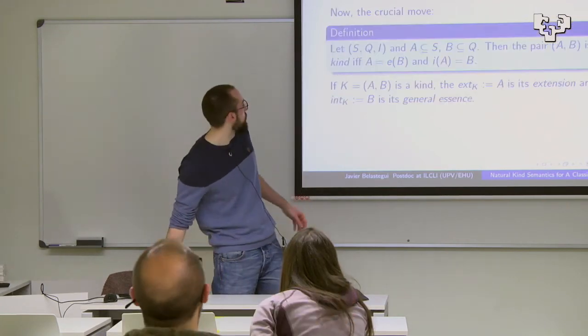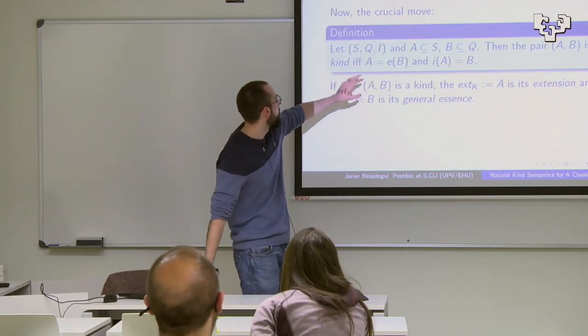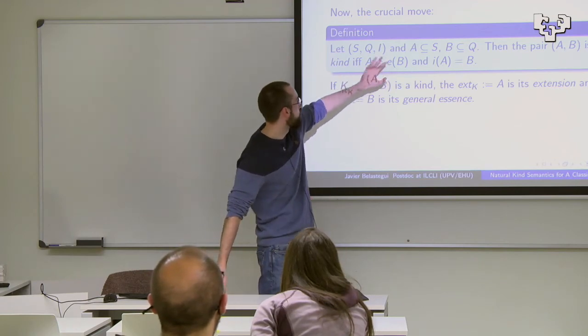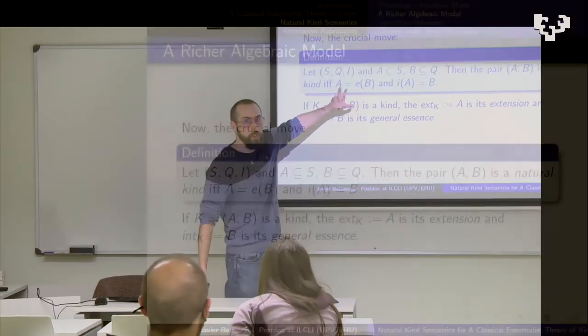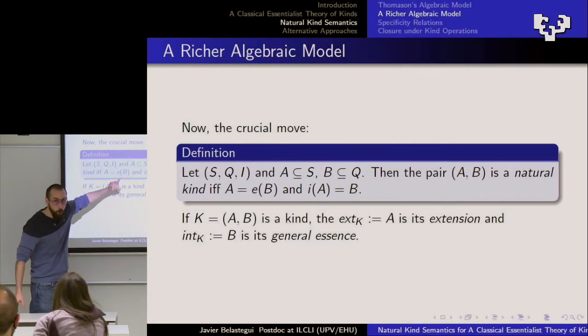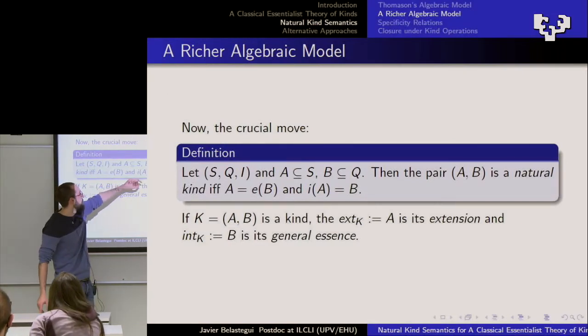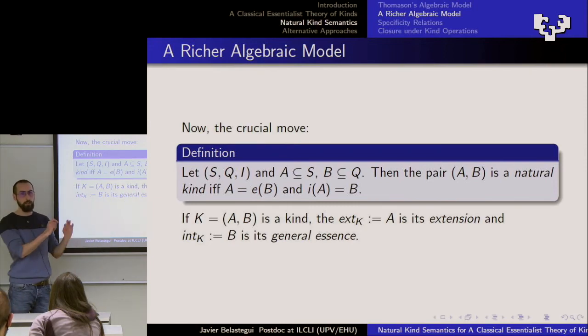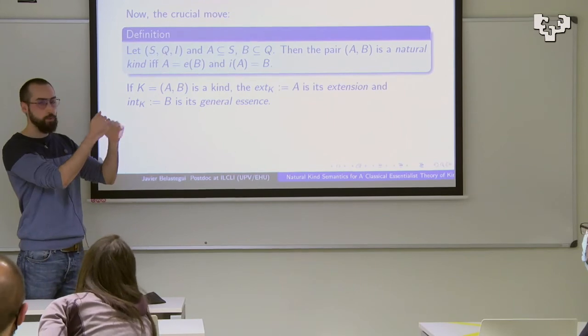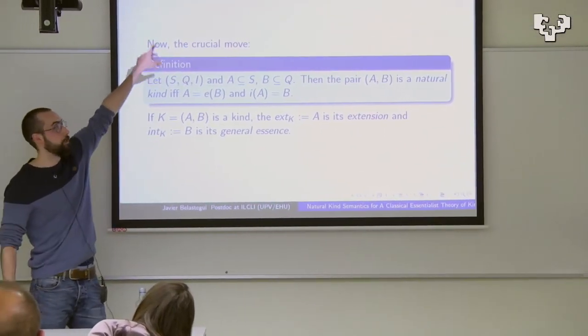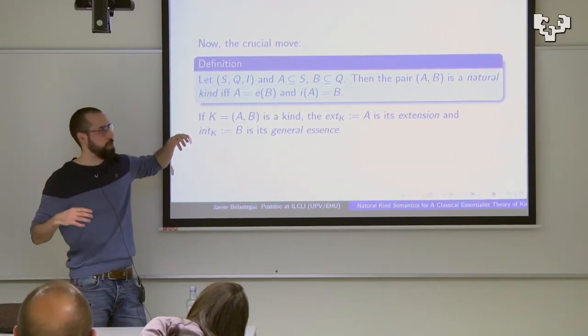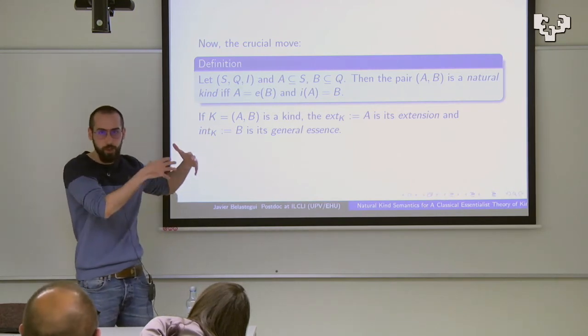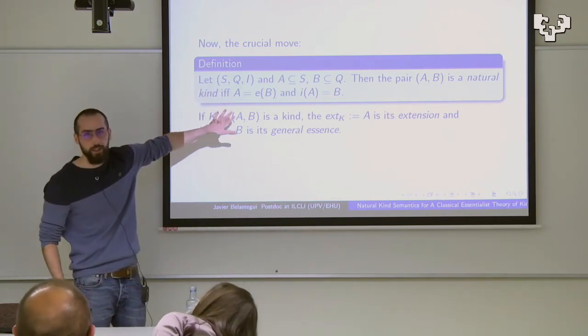Yes, so A needs to be the set of all the objects that have essentially all the properties in B, and the essence needs to be the set of all the properties that are had essentially by all the objects in A. So it's not just a pair of sets, it satisfies the additional constraint that they are well related. I didn't go into the details earlier because that was a bit too much, but here is the definition.